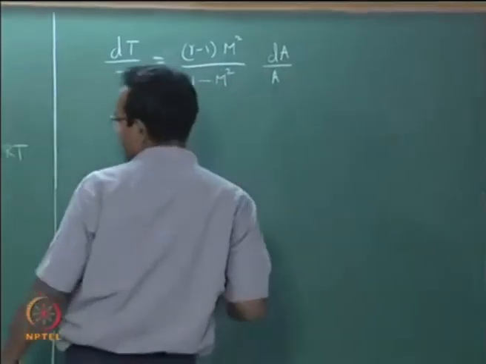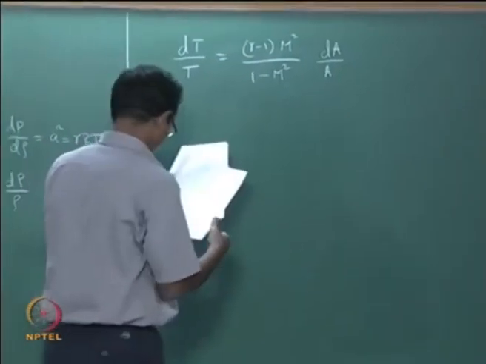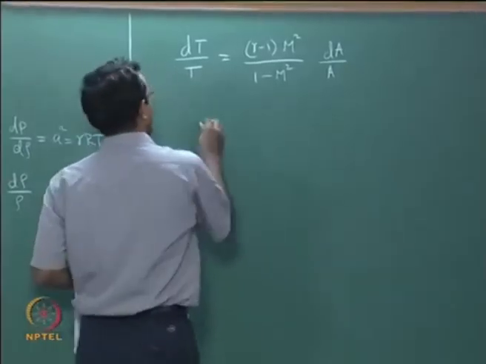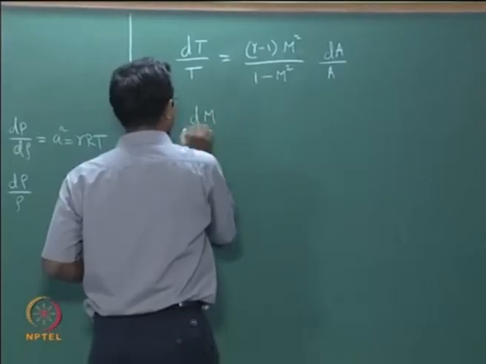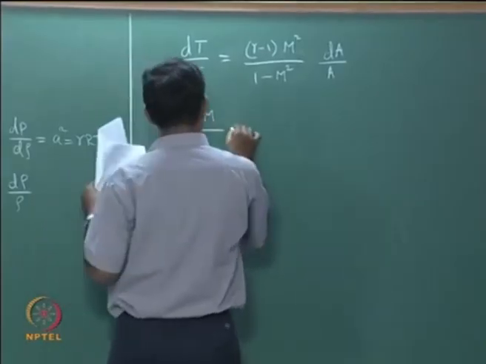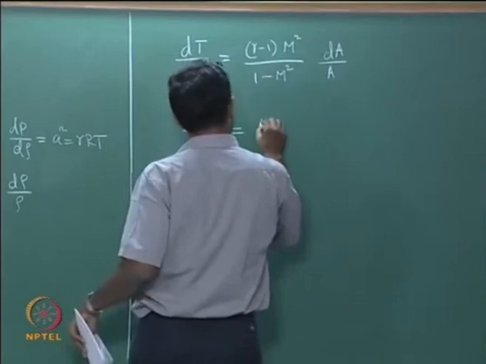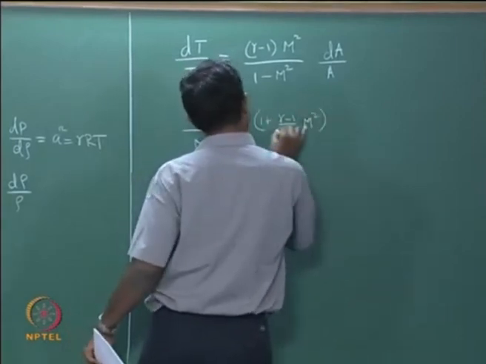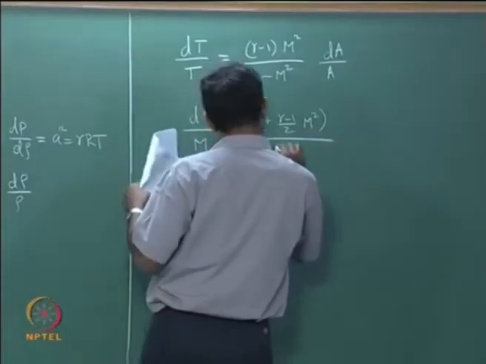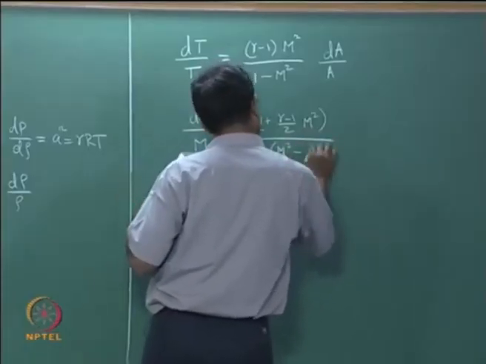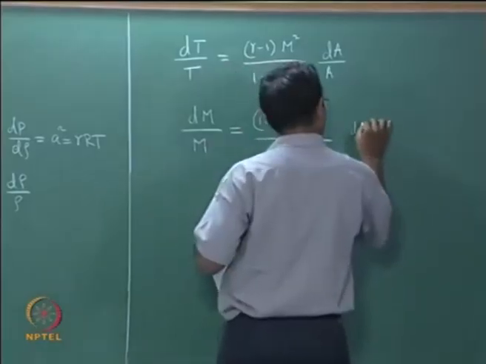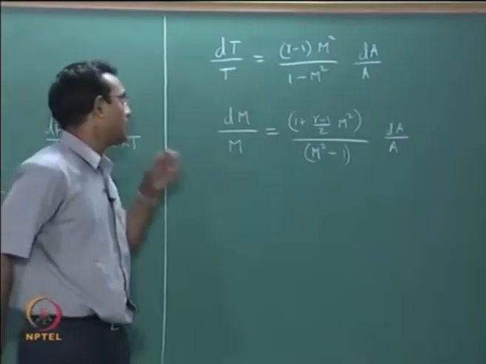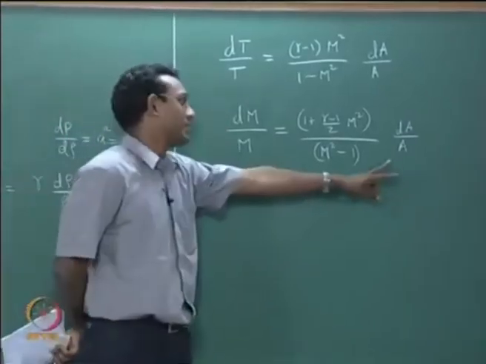We will have it in this particular form. And there is only one more left, which is probably the most used for analysis: how does Mach number vary when I change area?